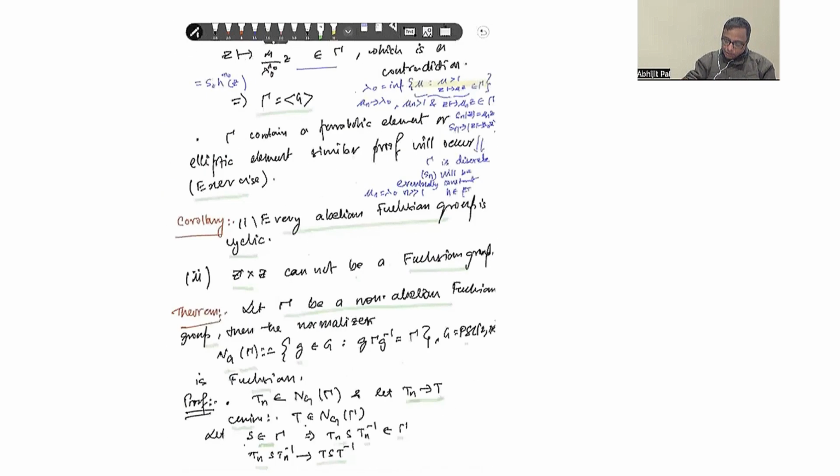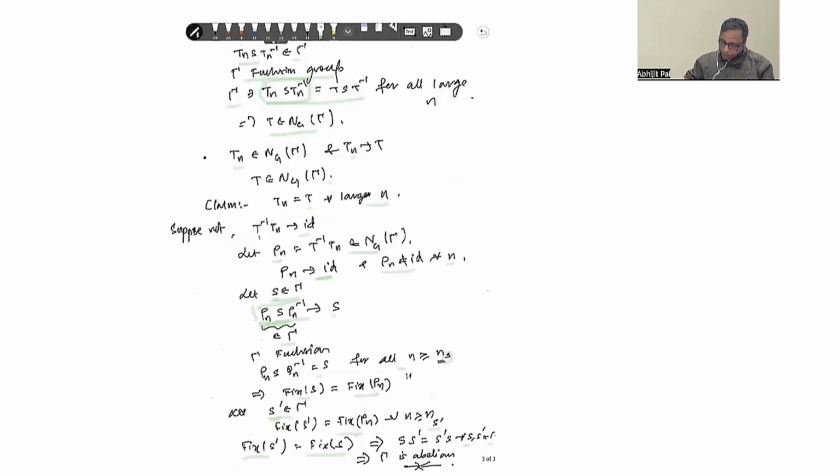But we started with gamma to be a non-abelian group, so there is a contradiction. This contradiction is due to the assumption that Tn is not an eventually constant sequence, so it will be an eventually constant sequence. So Tn is equal to T for all large n. That will imply that this normalizer is a Fuchsian group.